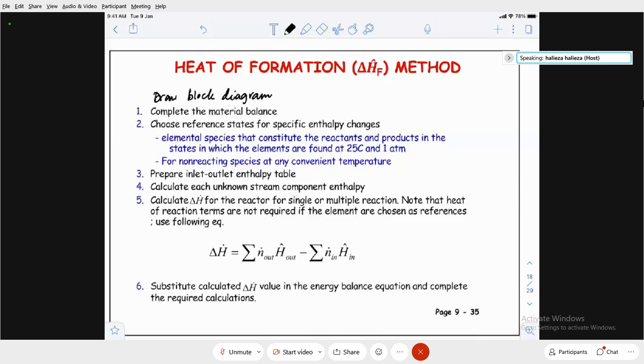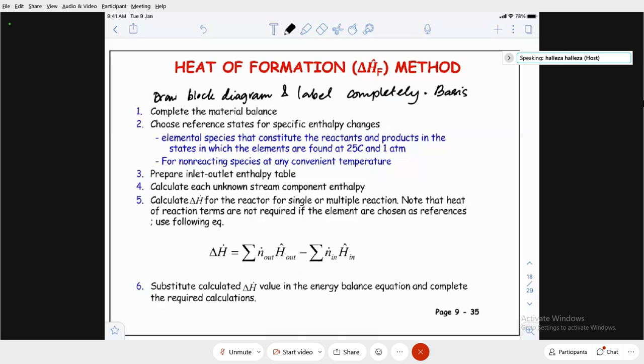I saw a few students, not from our section, who drew the heat exchanger, being so fanciful with the tubes inside. Don't waste your time doing that. It's just a block diagram. And label everything completely. Get a basis. Do not forget your basis. You must have a basis every time you do the material balance.